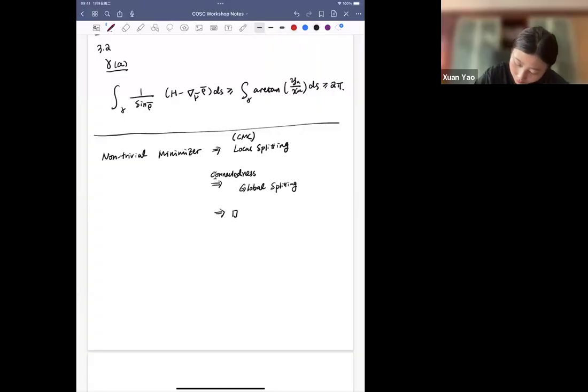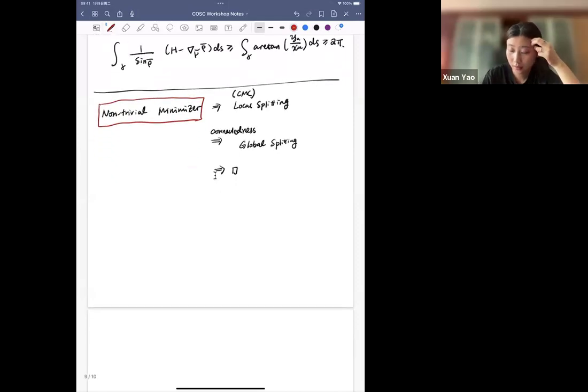So how to guarantee that there is a non-trivial minimizer? Actually, you need to cook up some CMC foliation and use it as a barrier, like this.